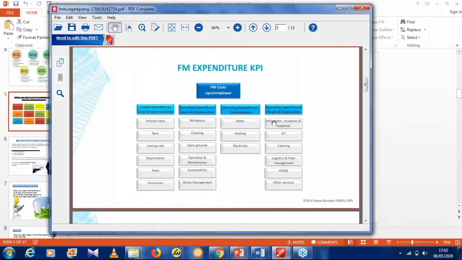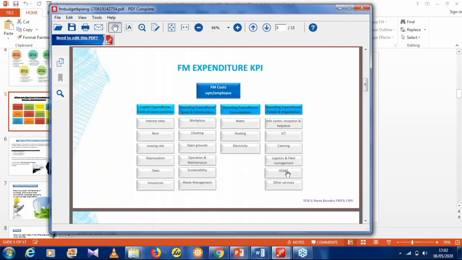Then operating expenditures, that has to do with people and organization. We also have the information center, reception, and help desk, that's the front desk, the ICT, the catering, logistics, and fleet management. Then HSSE, that's health, safety, security, and environment.